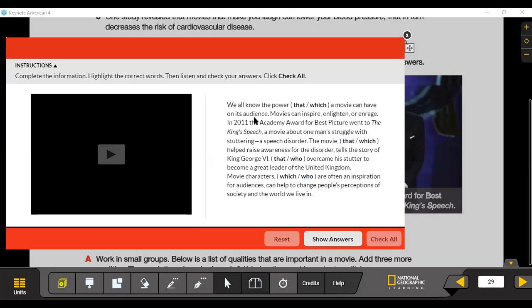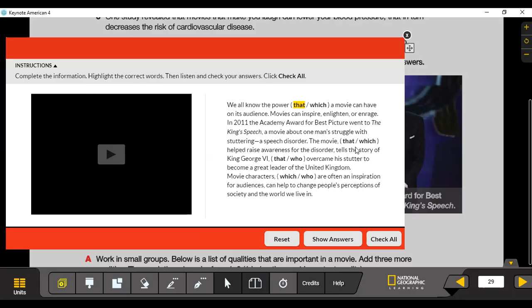So it says: we all know the power that, okay, which, a movie can have on its audience. Movies can inspire, enlighten, or enrage. In 2011, the Academy Award for Best Picture went to The King's Speech, a movie about a man's struggle with stuttering and a speech disorder.